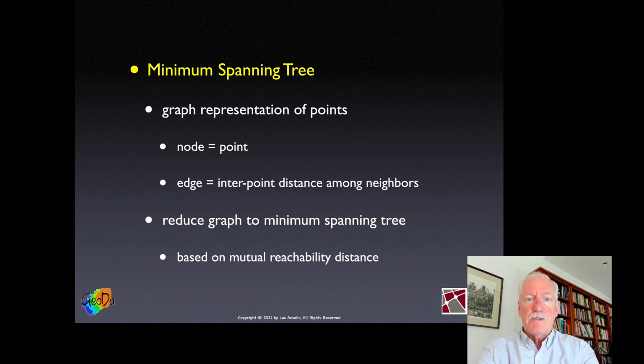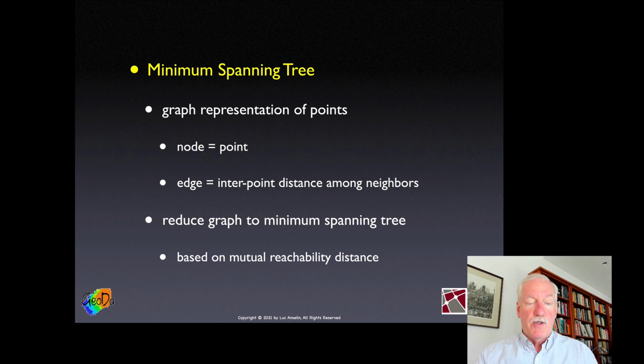So the connectedness graph shows for each point what other points are within a critical distance. And so a point can be connected to more than one other point. And in a graph representation, each point is a node, and each connection is a link or an edge in the graph.